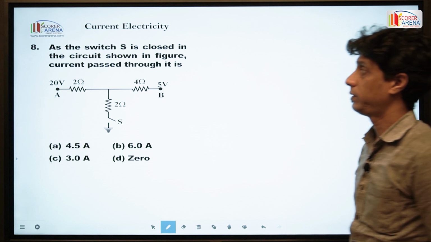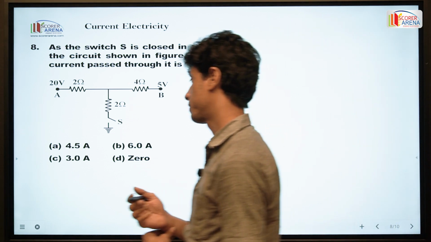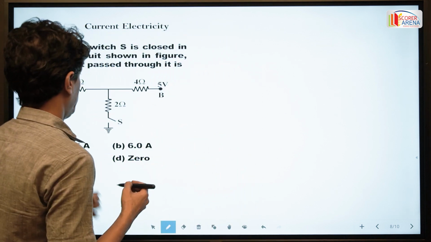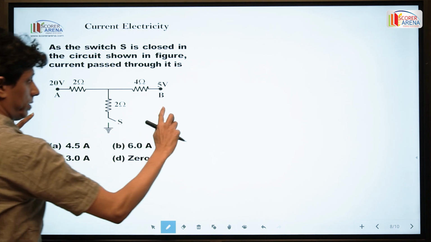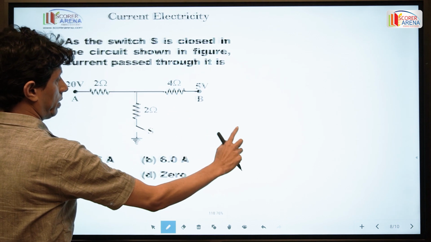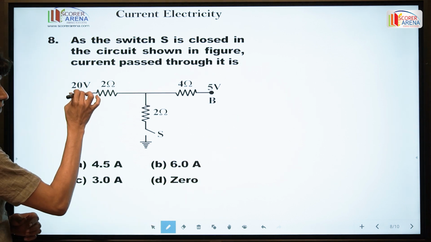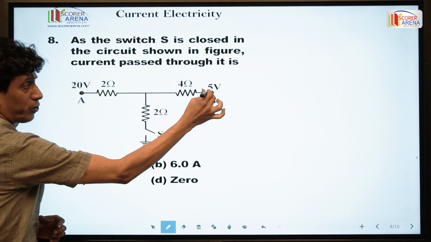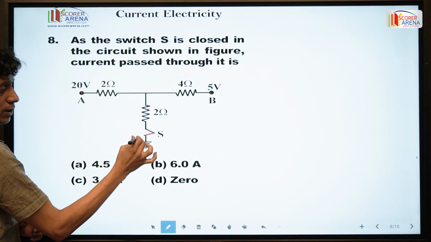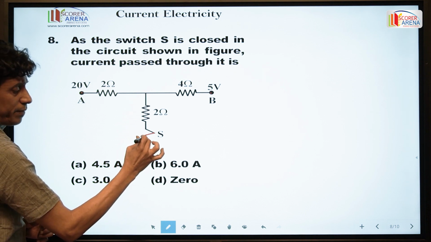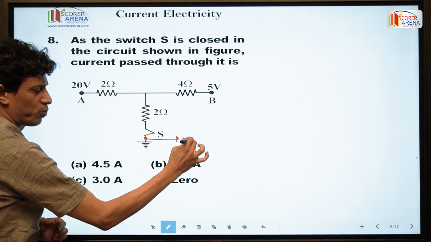Next problem: as the switch is closed in the circuit shown in the figure, the current passing through it is. When this switch is open, the potential of the node is 20 volt, the potential of the node is 5 volt, and when this switch is closed, the potential of the node, I have taken a node here, since it is grounded, is 0 volt.